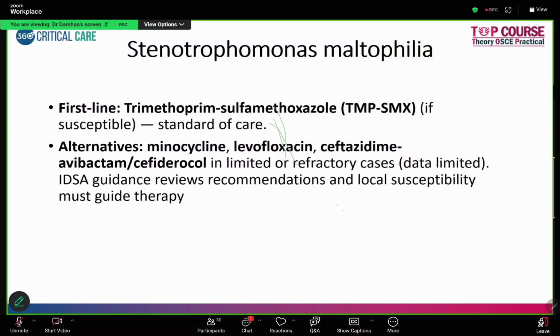The other alternative drugs for Stenotrophomonas are minocycline and ceftazidime-avibactam. Data is very limited. Recommendations are based on case reports, especially for trimethoprim-sulfamethoxazole resistant organisms. So remember, Stenotrophomonas first line is Septran. Alternatives are minocycline, levofloxacin, and Zavicefta.